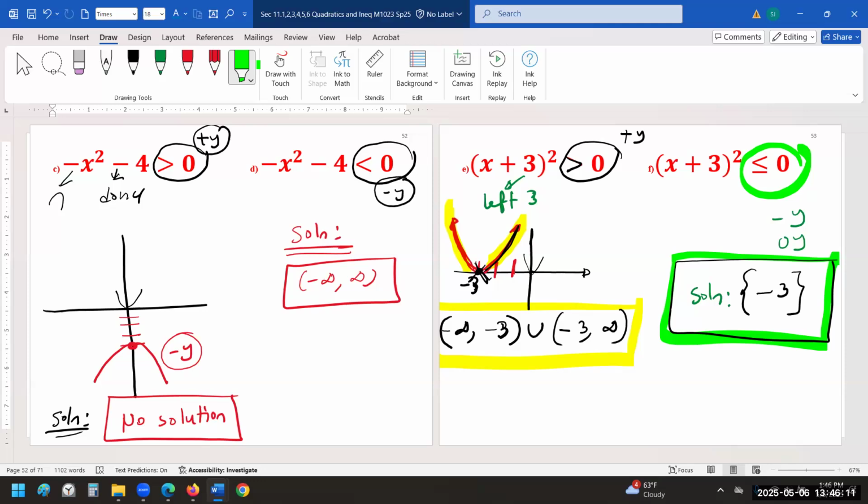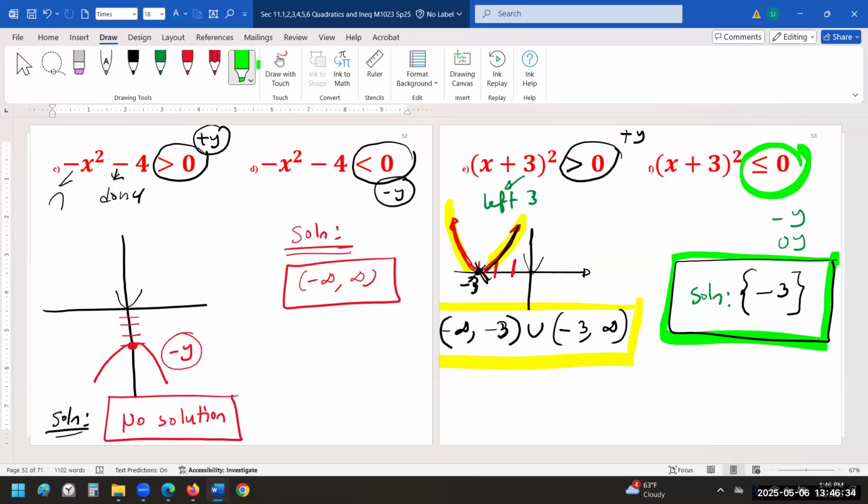So what? If you're crossing the x-axis. Are you crossing the x-axis here? No. So you'll have to solve for x. Are you crossing the x-axis here? Don't solve for x.